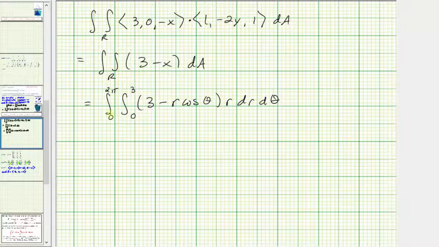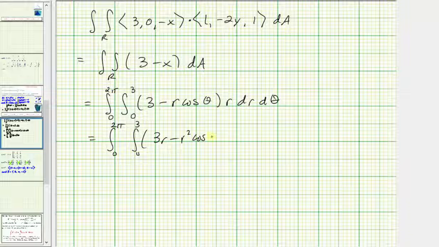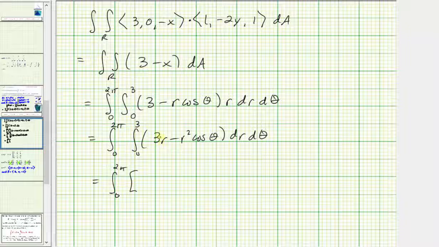Let's go and distribute the r. So we have 3r minus r squared cosine theta, dr d theta. And now we integrate this with respect to r. So we'll have 3 times r squared divided by 2, or 3 halves r squared, minus r to the third divided by 3 cosine theta, or 1/3 r to the third cosine theta.